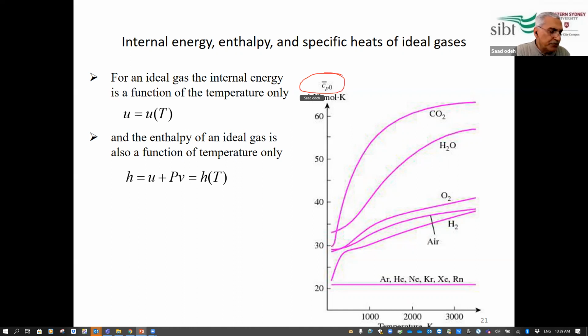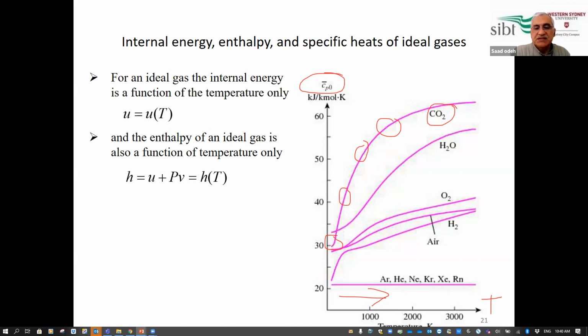Take any gas, for example CO2: it starts with a certain value for Cp, and with the increase of temperature, this value goes sharply to higher values. The more temperature you get, the higher Cp value you get. But this is when we have an extreme change in temperature, such as jumping from 1000 to 2000 K.